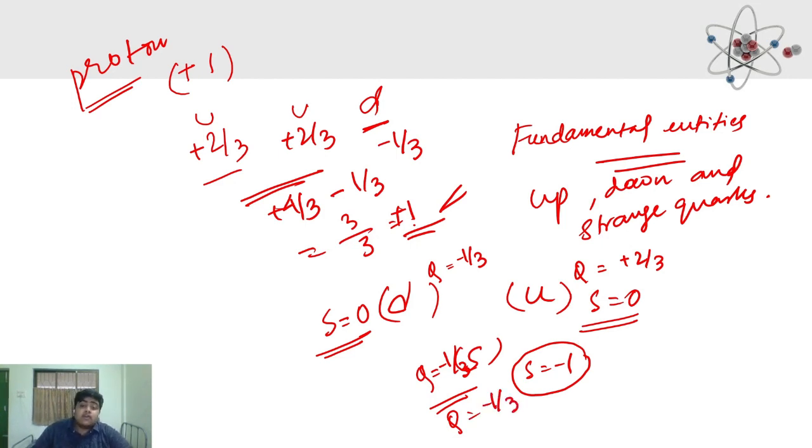So as you can see, the particle has an overall charge of 0, since 2 by 3 minus 1 by 3 is 1 by 3 and minus 1 by 3 is 0, and a strangeness of negative 1. We consider a particle which is constituted of a down quark, an up quark, and a strange quark.